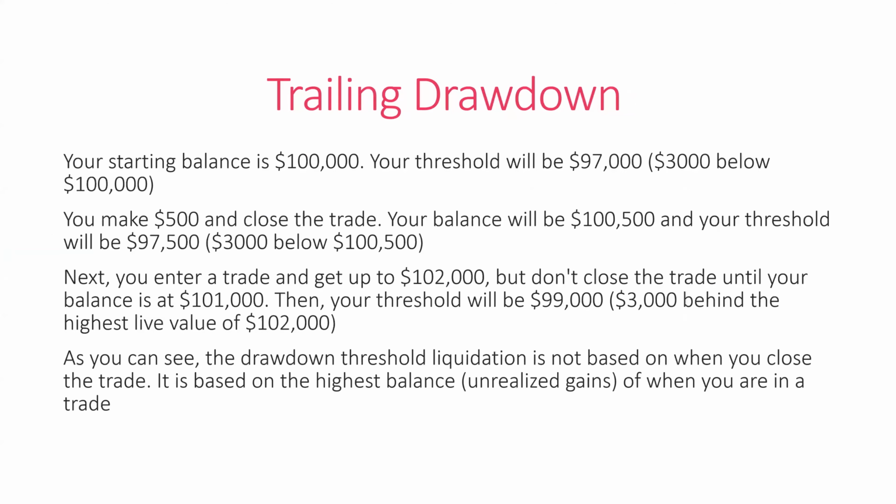Okay, trailing drawdown. This is a big one, guys, especially for Apex. Apex is cheap. It's also one of the more challenging accounts to trade, simply because your big days will not outweigh your losses.